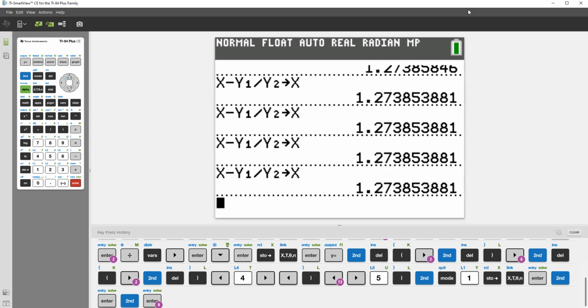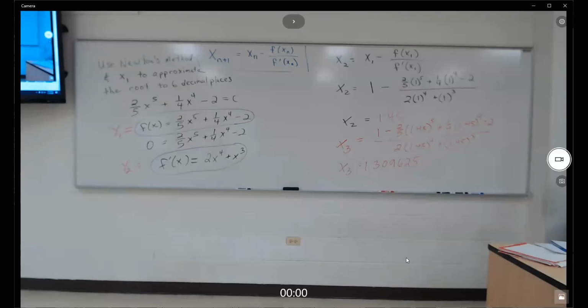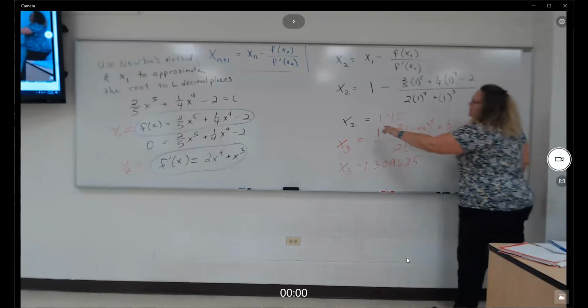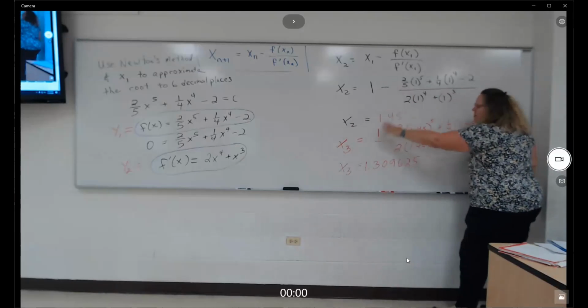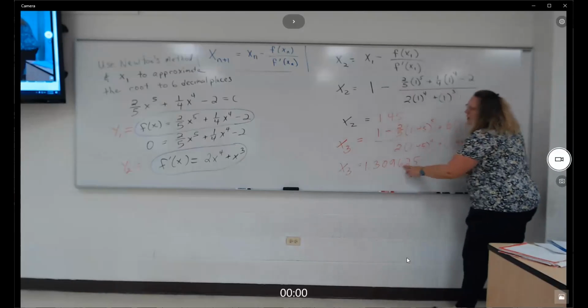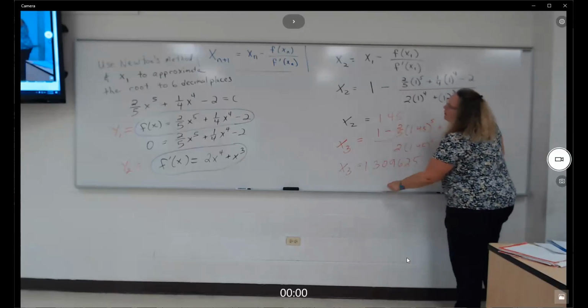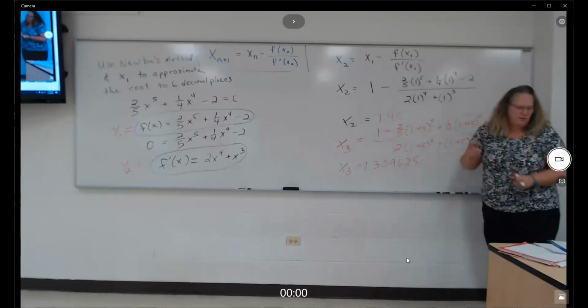All right, we should be okay though. Let me come back here for you guys. Let me show you guys. This x sub 2 should have actually been 1.45, and then x sub 3 is this guy. Did I erase that middle?